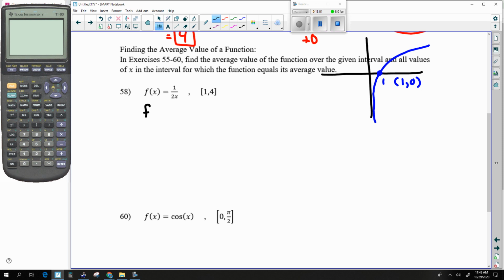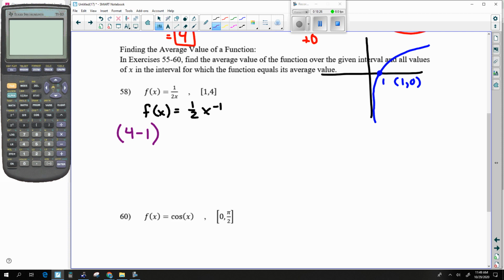All right, so again, this is f of x is equal to 1/2 x to the negative 1. Okay, so think of it like that. They want to know what is the average value, that is, the rectangle equal to the curve. So the rectangle has a base of 1 to 4, so that would be 4 minus 1.